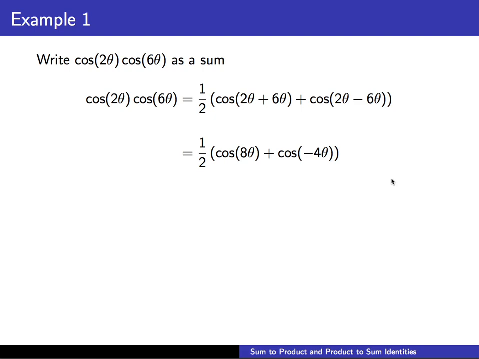So we get half of cosine of 8 theta plus cosine of negative 4 theta. And because cosine of negative 4 theta is the same as the cosine of 4 theta, our final answer is half the sum of cosine of 8 theta plus the cosine of 4 theta.